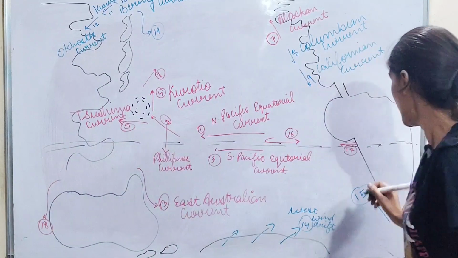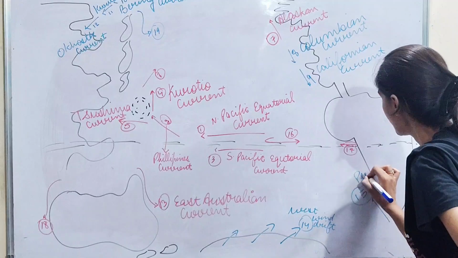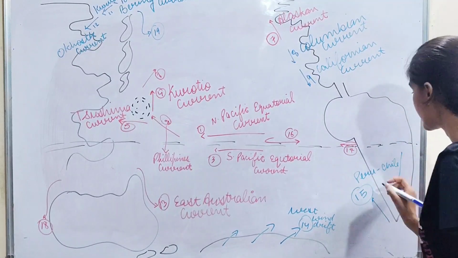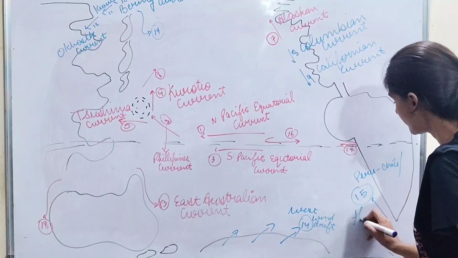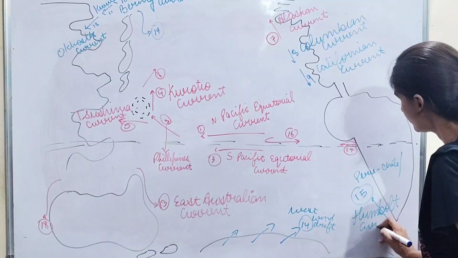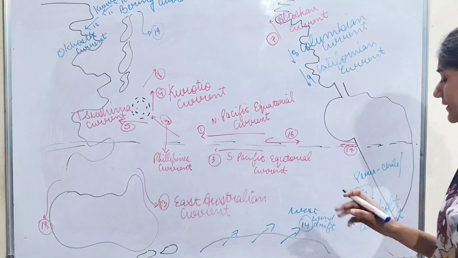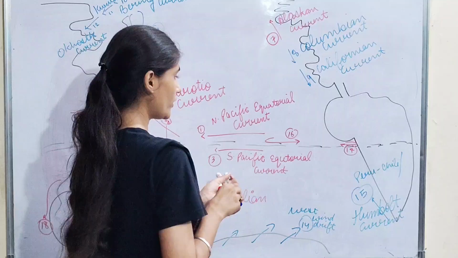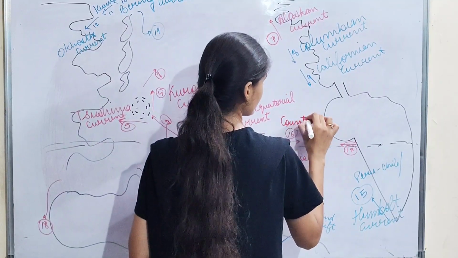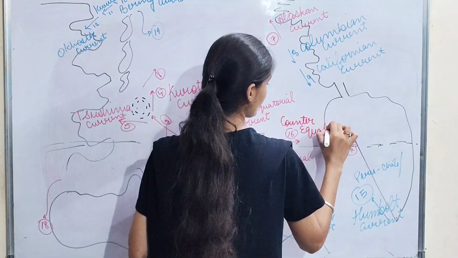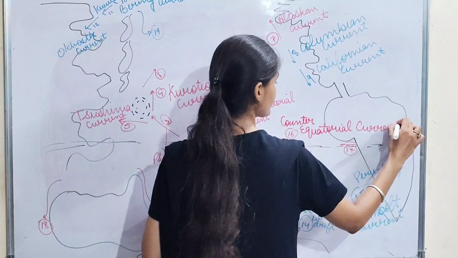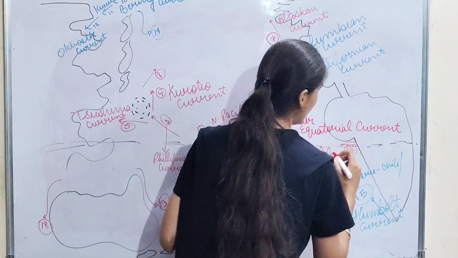15th is Humboldt. First we can write it as Peru Chile Current or Humboldt Current. 16th is Counter Equatorial Current. 17th is known as El Nino Current.